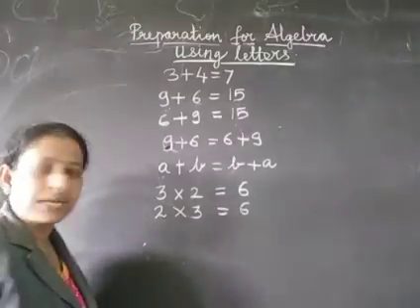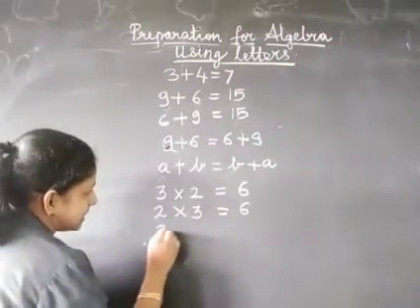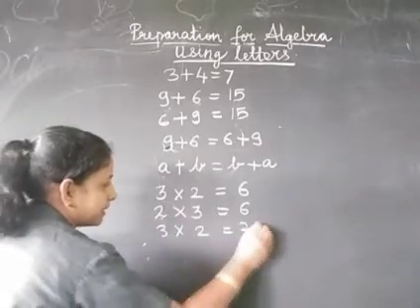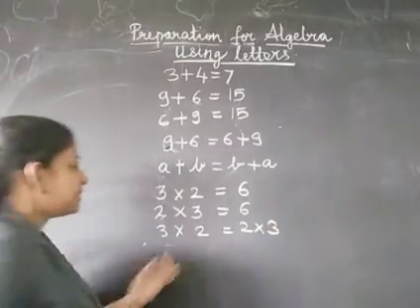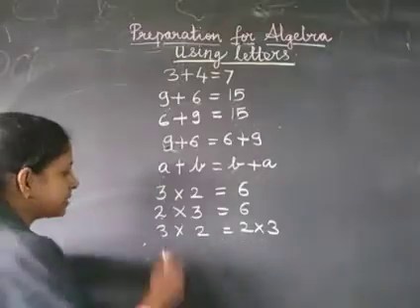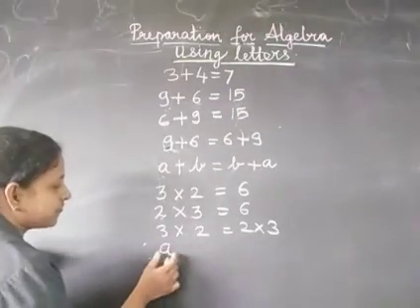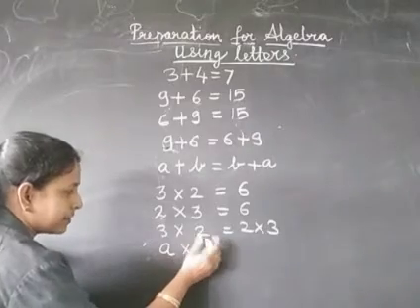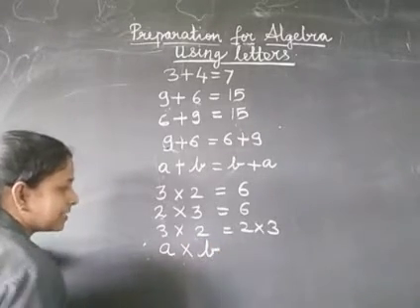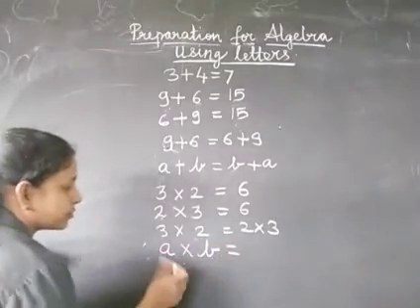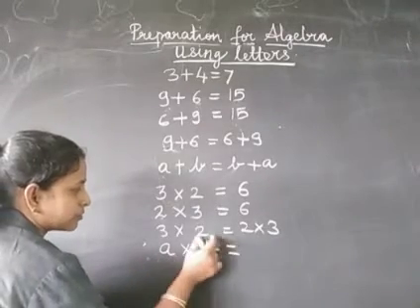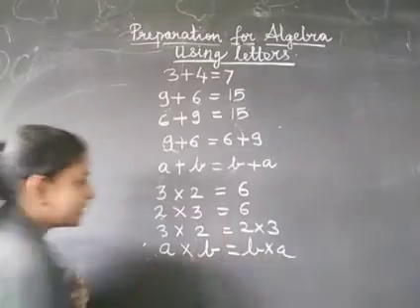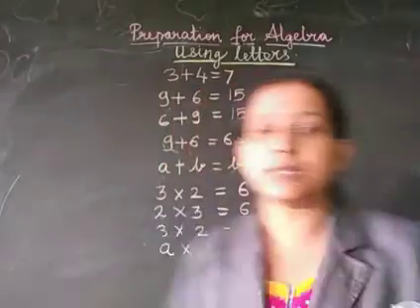That means in an equality we can write 3 multiplied by 2 is equal to 2 multiplied by 3. Again, if we give letters to this, it will become what? Suppose we consider 3 as A and any number as B. Then A multiplied by B is equal to B multiplied by A. Correct? So we are getting another property here.